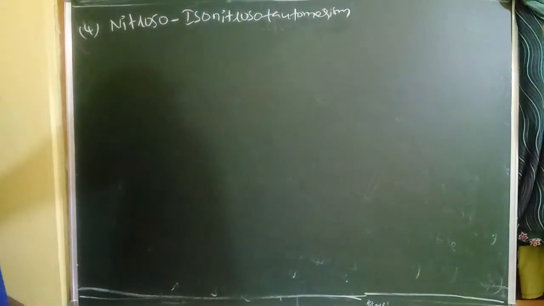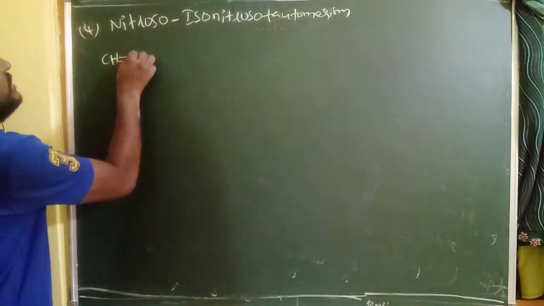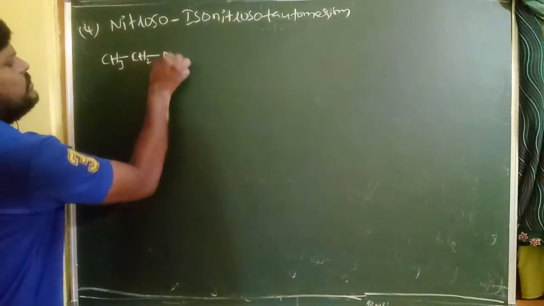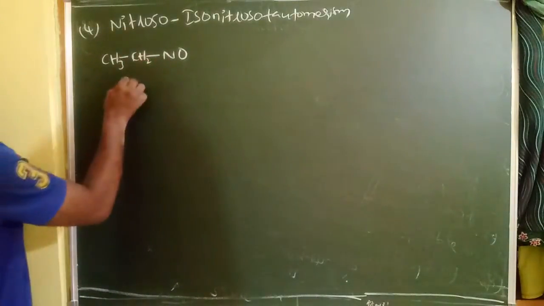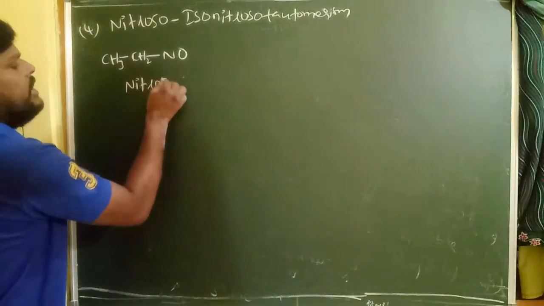Let us take one example: CH3CH2NO. This is the nitroso form, because this is not NO2, here it is NO. That's why this is the nitroso form.